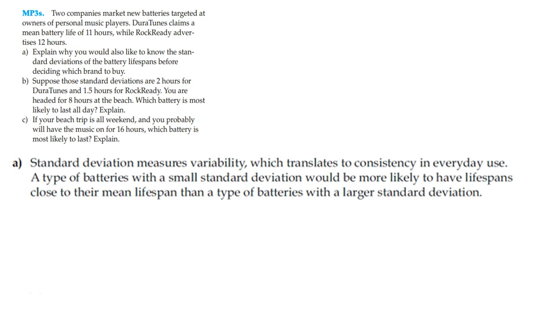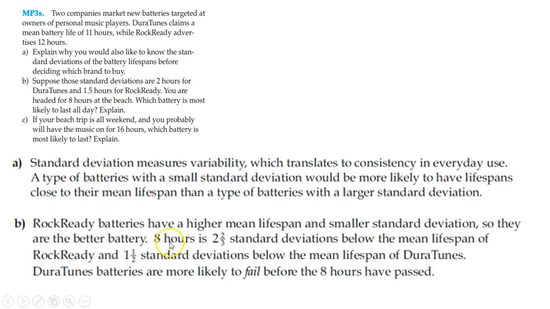However, if they're using average lifespan but their standard deviation is large and spread out, I would rather hear about the median battery lifespan. That's why it's important to know what you're looking at with your data. Now it says the Rock Ready battery has a higher mean lifespan and a smaller standard deviation, so it is the better battery.